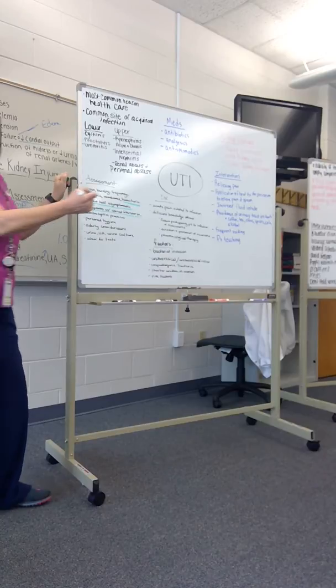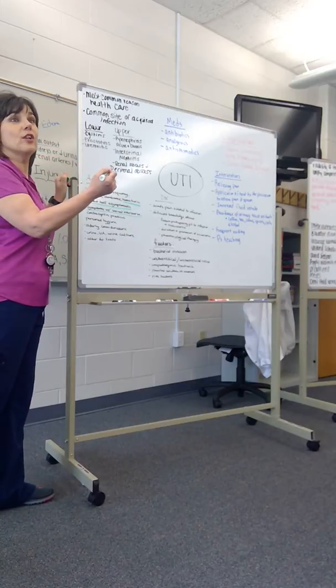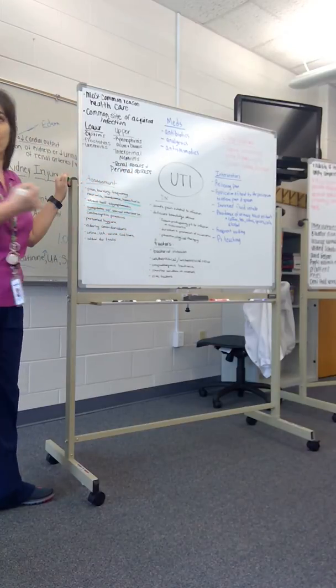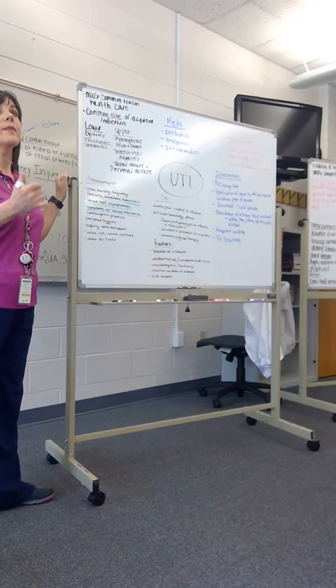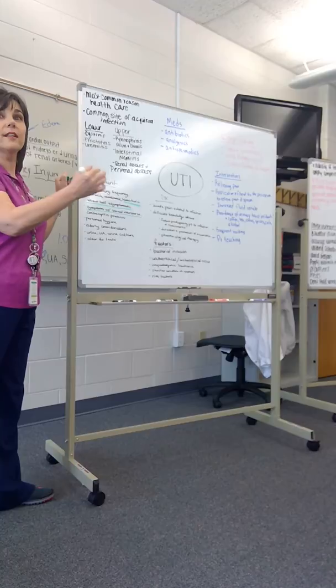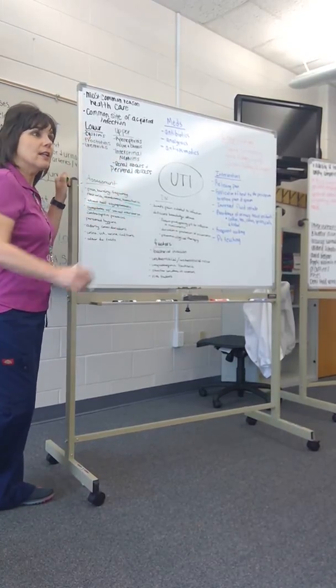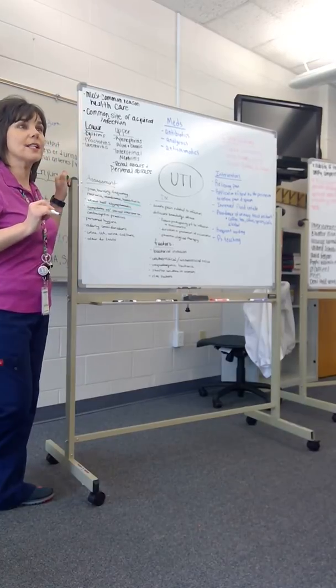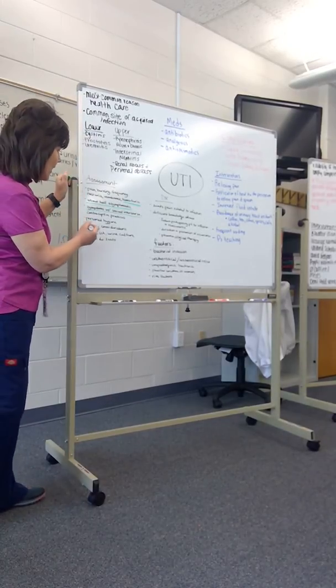Well, they need to empty their bladder before and after sex, and they also need to have really good hygiene, okay? So real good perineal hygiene, because microorganisms can migrate. Everything's close in proximity down there.